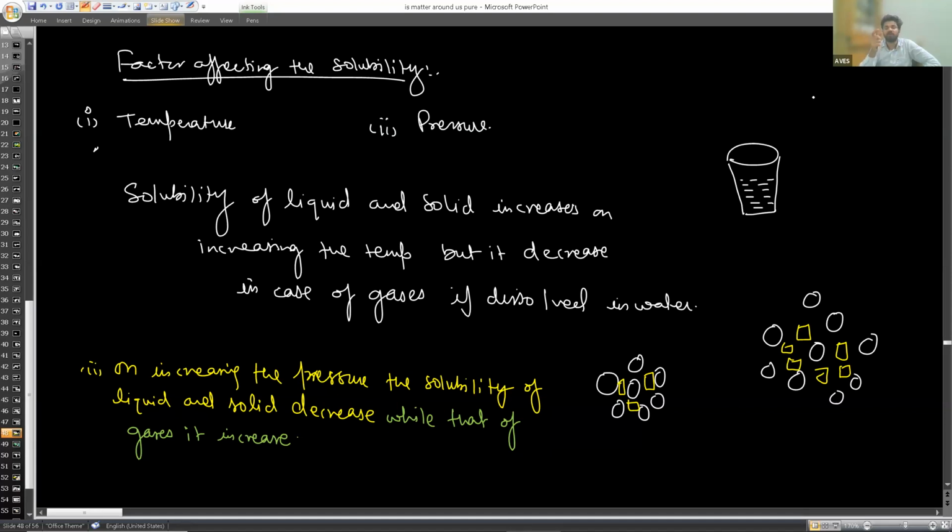In an aquarium, sometimes we feel that we should keep the water warm because the fish might die from the cold, but it is not so.